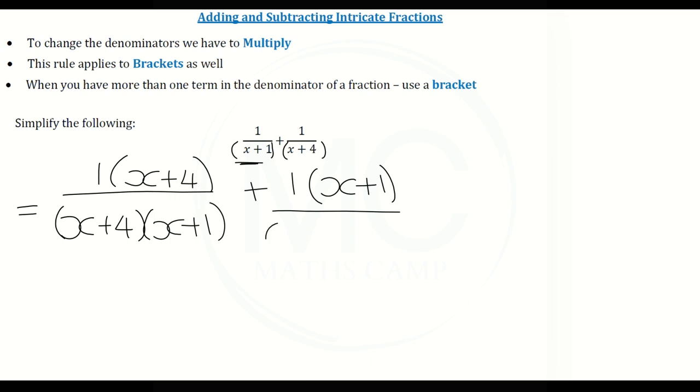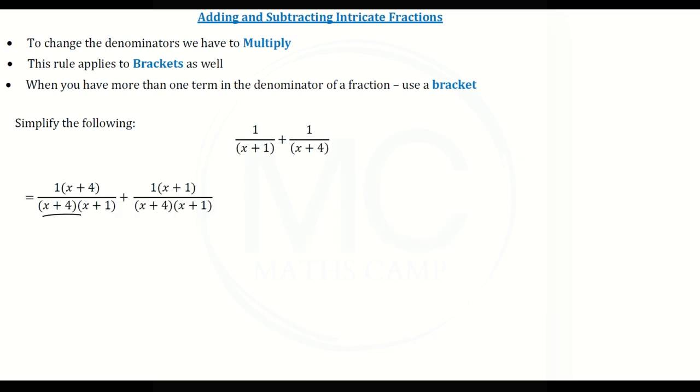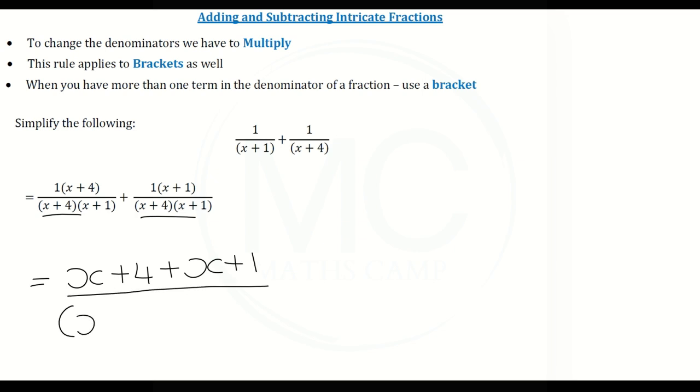And our denominator of x plus 4 multiplied by x plus 1. Now that we have a common denominator, let's put these two fractions together. We're going to have 1 times x plus 4 from the first fraction plus x plus 1 from the second fraction all over the denominator of x plus 4, x plus 1.